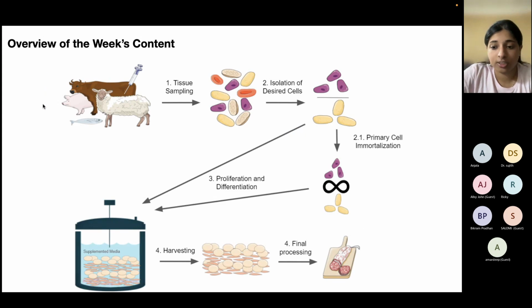So one such interesting application of these immortalized primary cell lines that I could find is something known as meat culturing. With increasing awareness of global warming and CO2 emission levels, it came to realization that to grow cattle requires large deforestation of forest areas in order to grow the feed that they will feed on, to grow grasses and grasslands and so on.